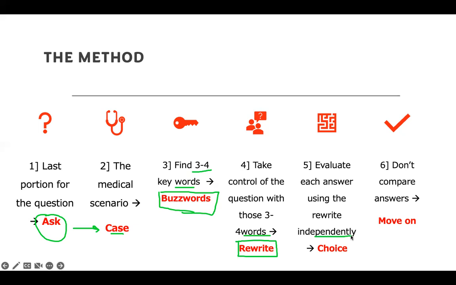So assume if they give you 6 options, tell yourself, I only have 1 option for that question, so my chance of answering right is 50-50. I'll forget about the other 6 or 5 choices. So you evaluate each question independently, and that is your choice. And after you make that choice, don't compare the answers, and therefore you move on.